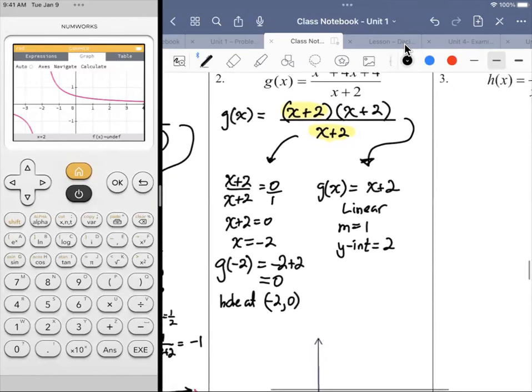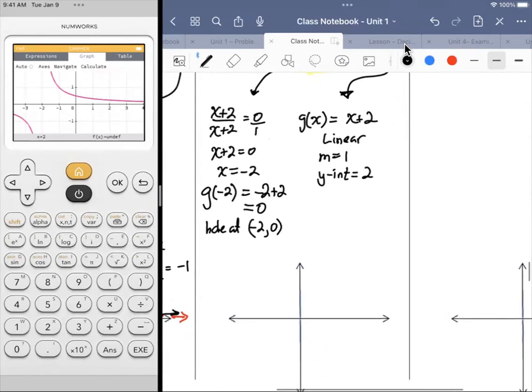So I can plot my y-intercept of 2, closed circle. I can plot the hole at +2. I'm sorry, that should be -2. I was looking at the wrong thing. And frankly, I don't know what I was looking at.